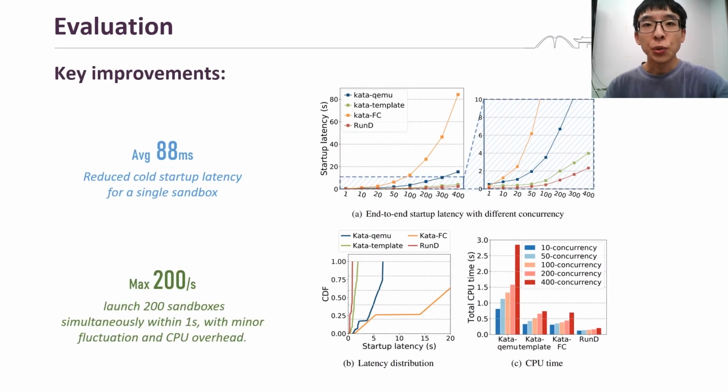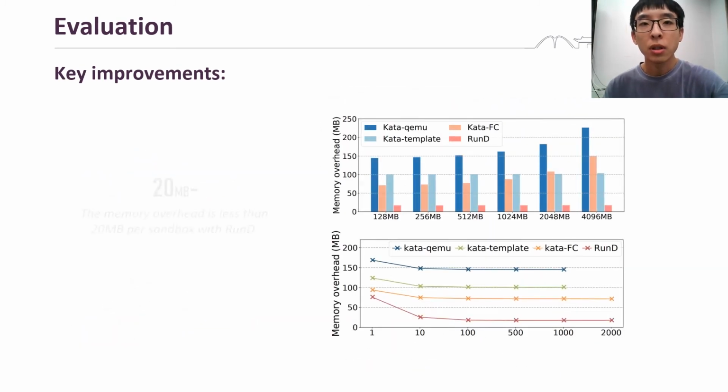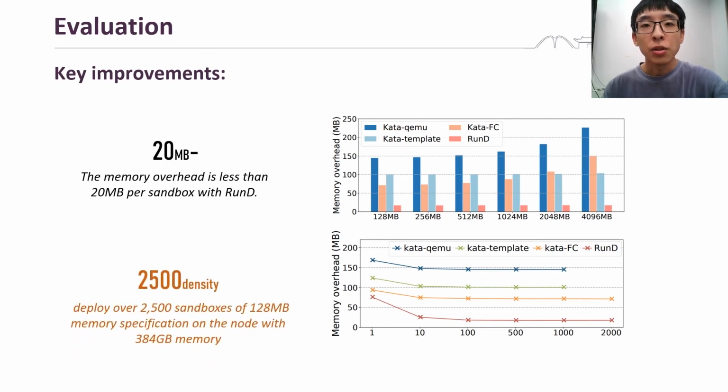The results show that RunD is able to start a single sandbox in 88 milliseconds and launch 200 sandboxes within 1 second, with minor latency fluctuation and CPU overhead. As observed, RunD has the least memory overhead among the 4 runtimes, and it does not increase with the memory specification.